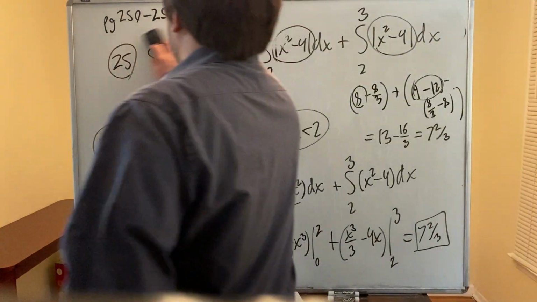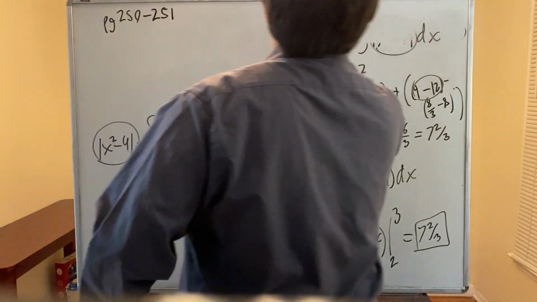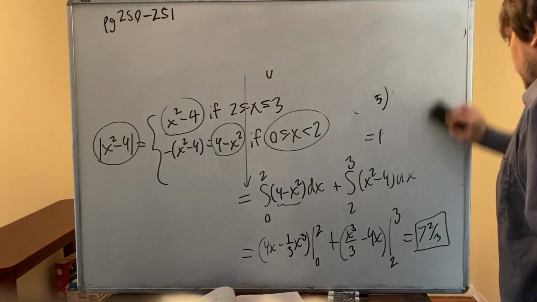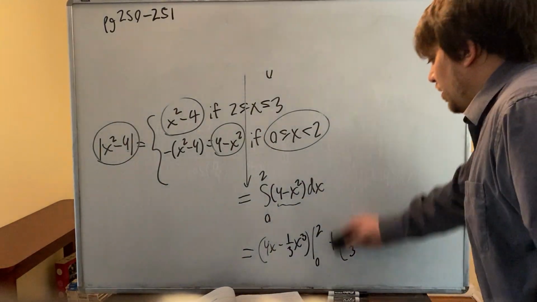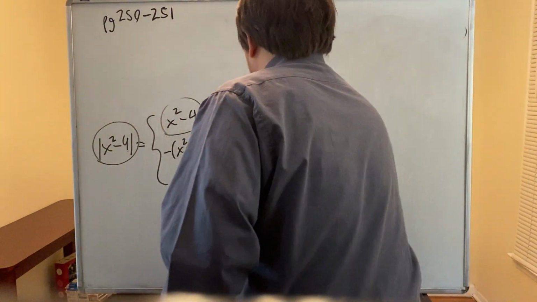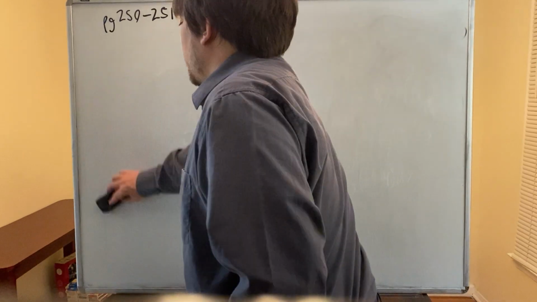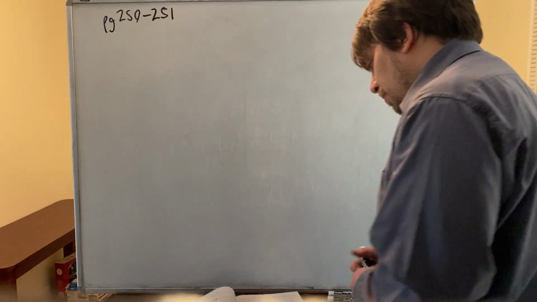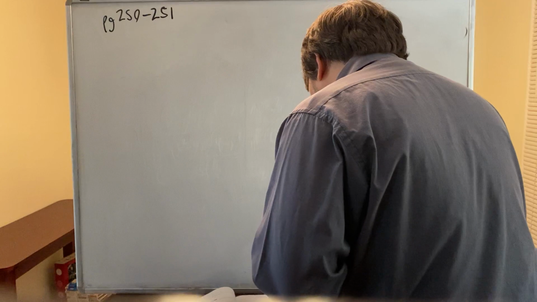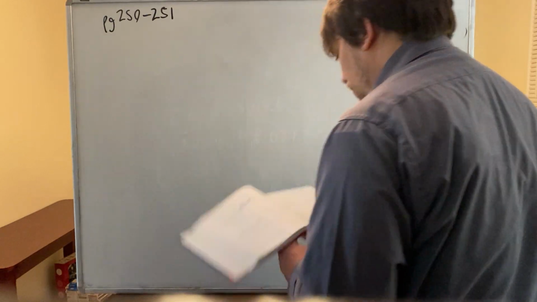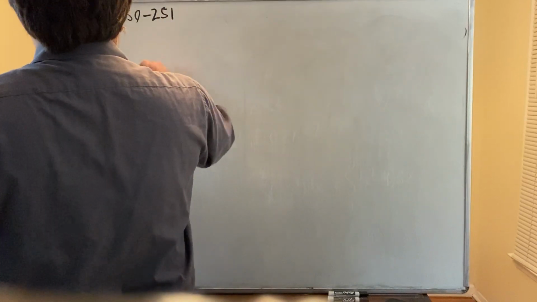So let's continue. We did quite a few examples on calculating definite integrals here, in addition to all the other stuff we did. Okay, so I think it's helpful to see the whole thing now. Let's look at number 30.